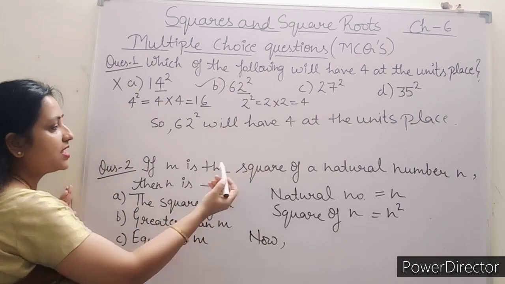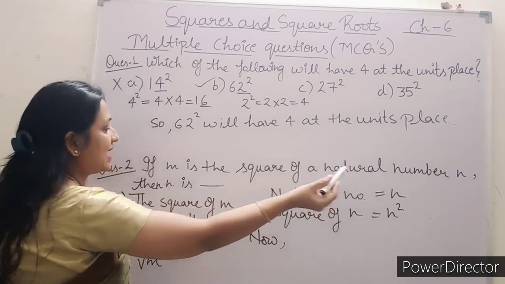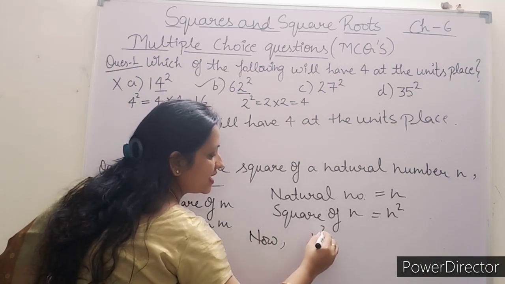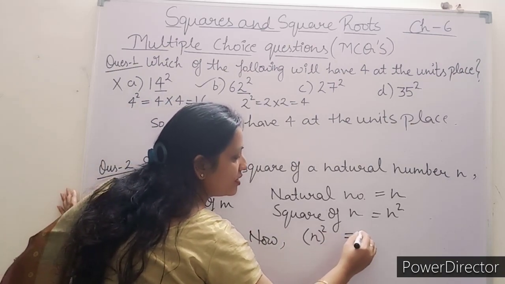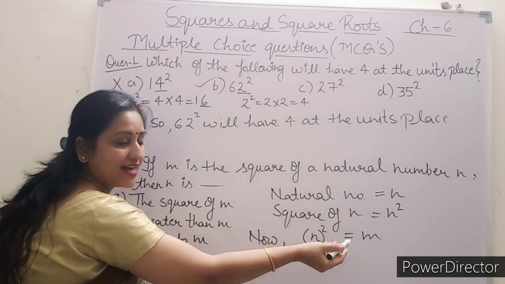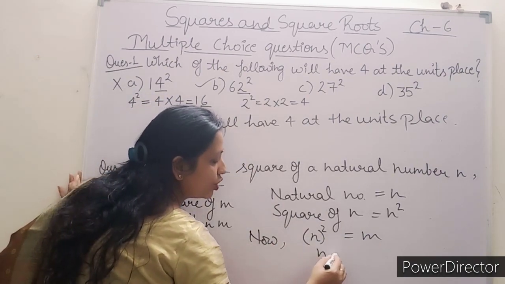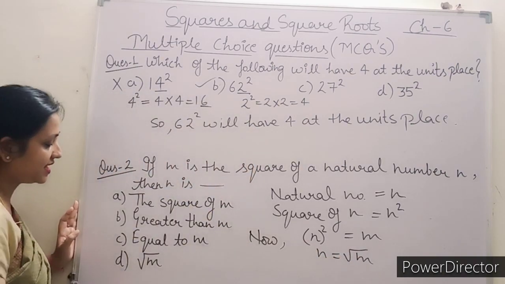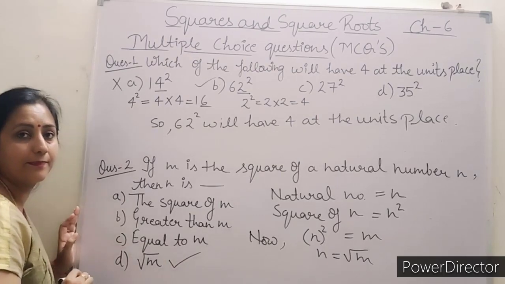According to the question, the square of natural number n is equal to m, meaning n square is equal to m. Now we have to transpose this square to the right hand side, so it will be root m. It means your correct option is root m.